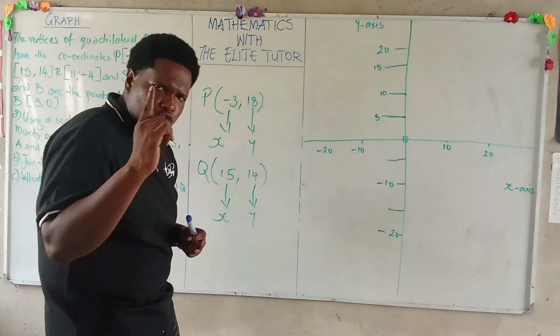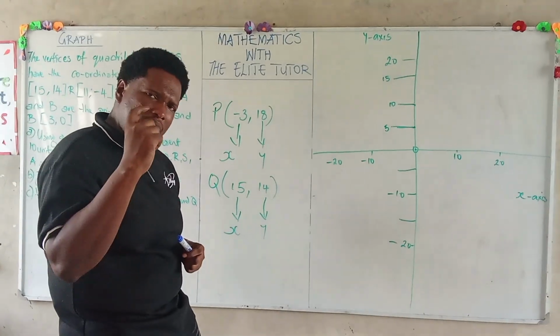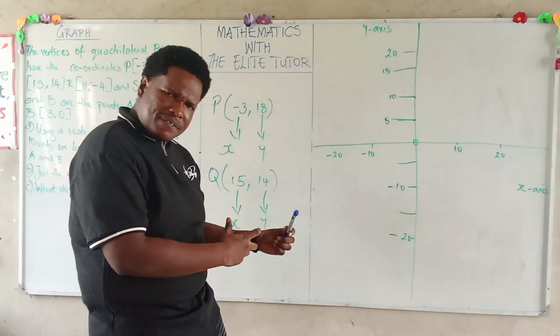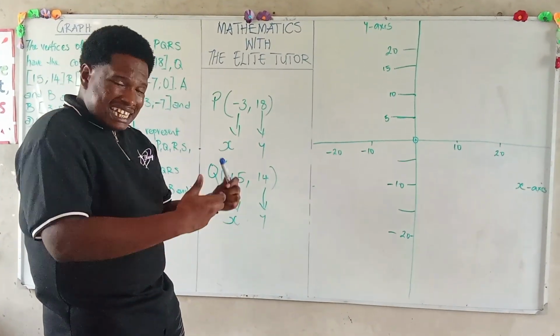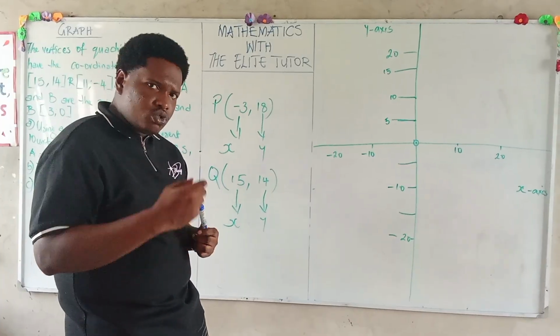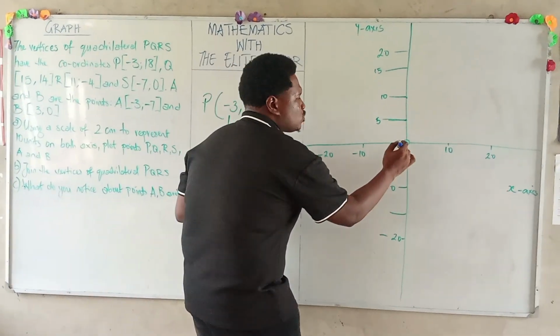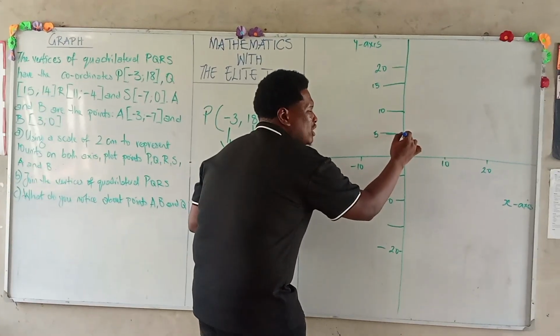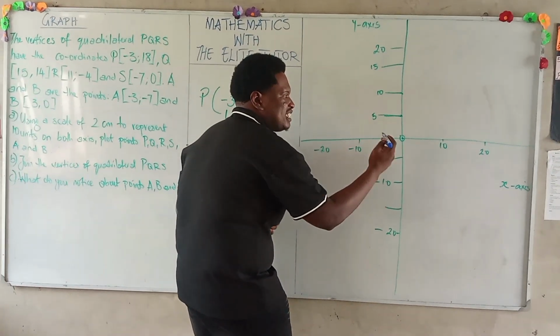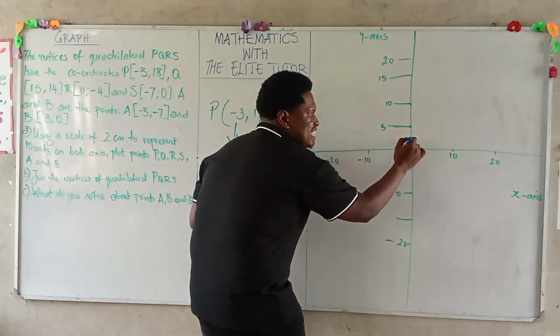Now why am I going to show you this? Because there are times when the value of either x or y will be, let's say, 3 or 2. So it's important to know that when you're using your graph sheet, if you have here 0 to 5, you know that a number like 3 or -3 will fall between this range.